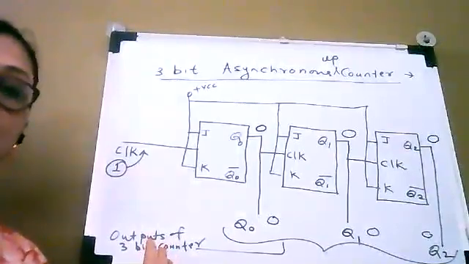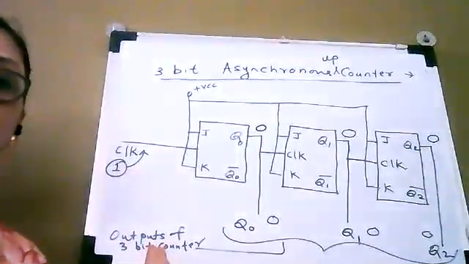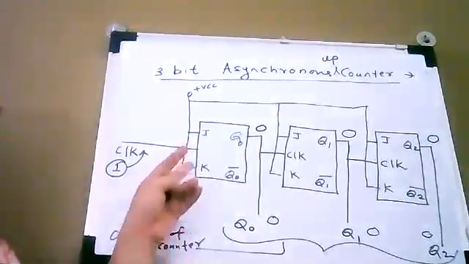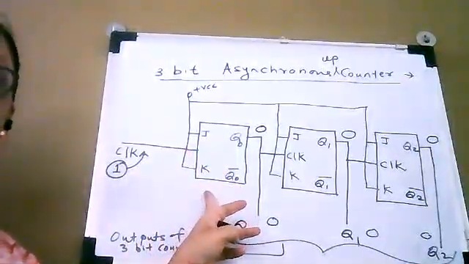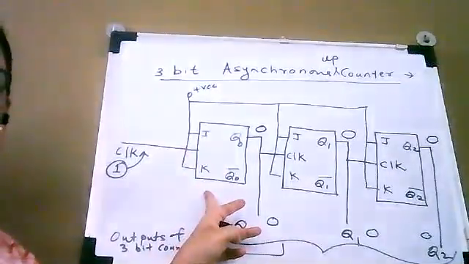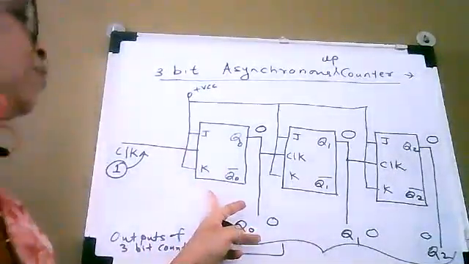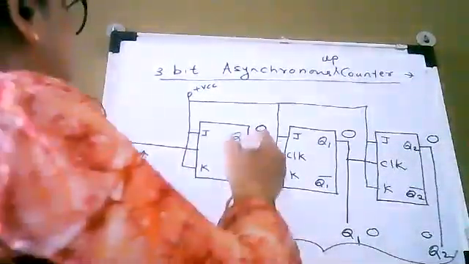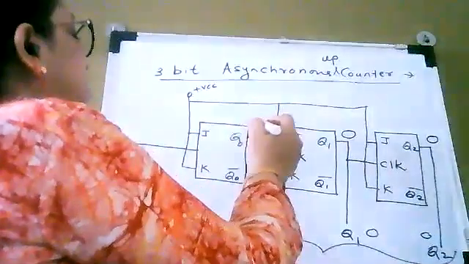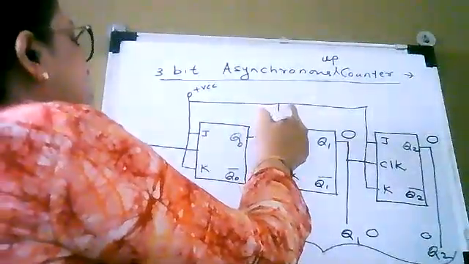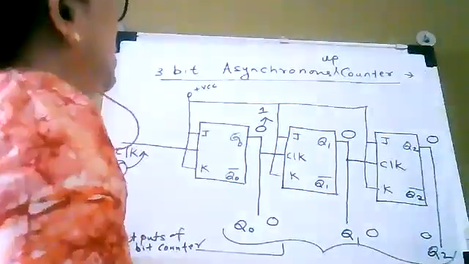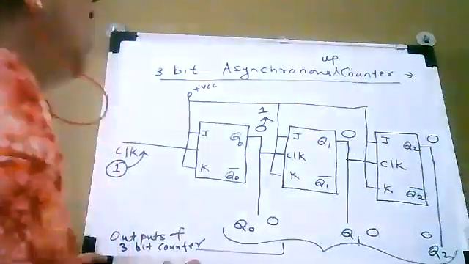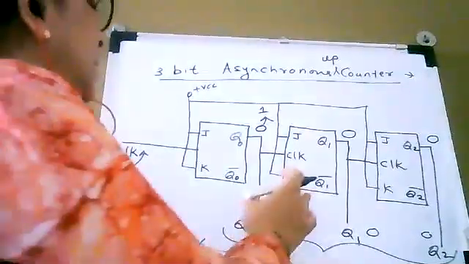So as clock is applied to this first flip-flop, it will toggle and change the state from 0 to 1.